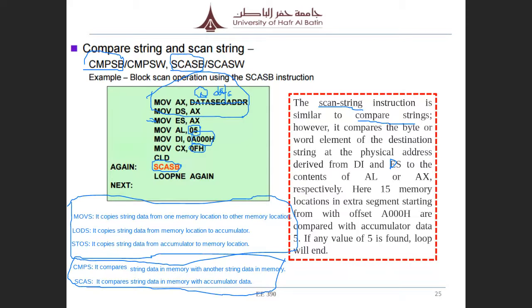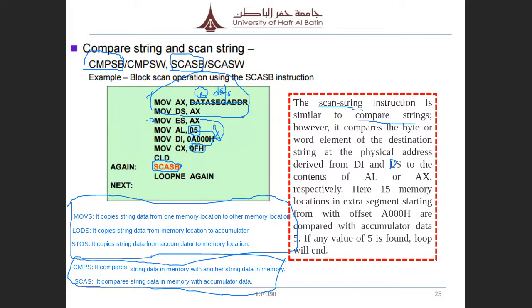The third line, move es comma ax, initializes the extra segment, and this is the base address. The extra segment holds the base address, and the location of the data is defined by DI, which is A000. So that means this is the location of the string data.